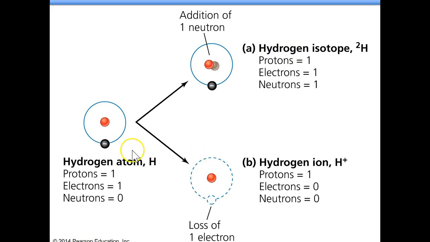We also know that if this hydrogen loses the electron, it becomes a hydrogen ion, and sometimes hydrogen ions are referred to as protons. Just in case you hear that somewhere or see that written somewhere, it's just a positively charged ion because it lost that electron.